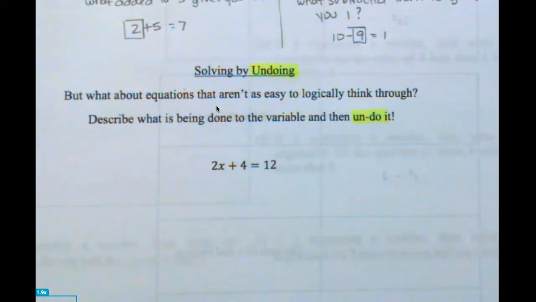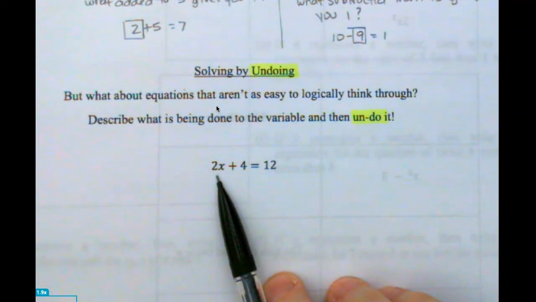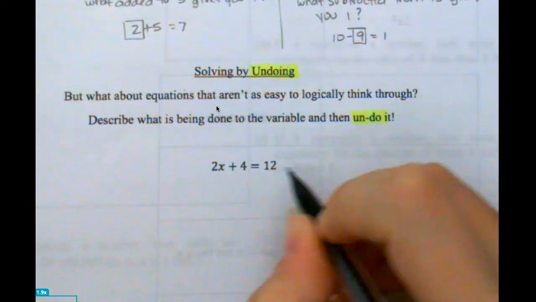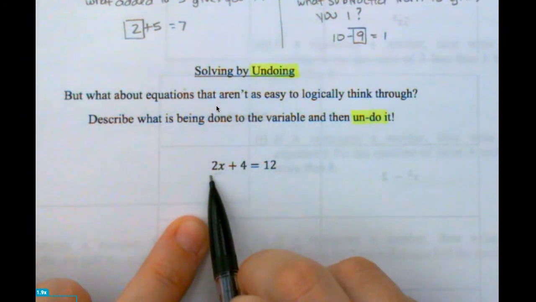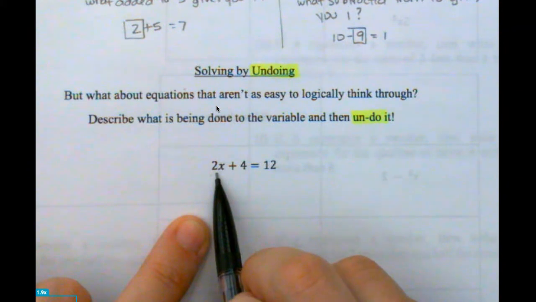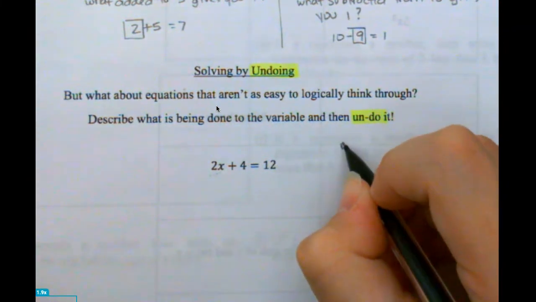So one way I think of this type of problem is I want to list what's happening to x here. I always start at the x, and the first thing that's happening to x is being multiplied by 2. So that's my first thing that's happening.